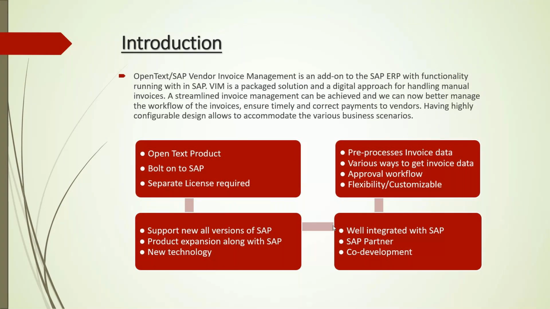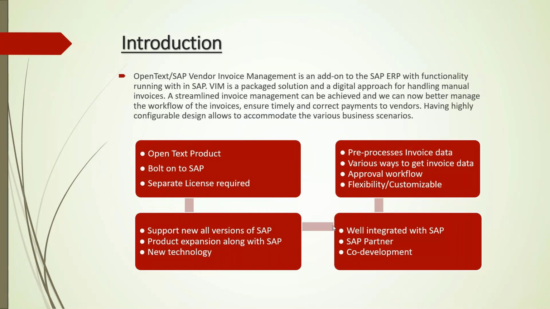OpenText developed the Vim solution quite a few years ago, and initially the solution was very primitive. Over a period, they have enhanced the overall product to a large extent, and a few years ago they also partnered with SAP. Partnering with SAP brings additional advantages to both organizations.